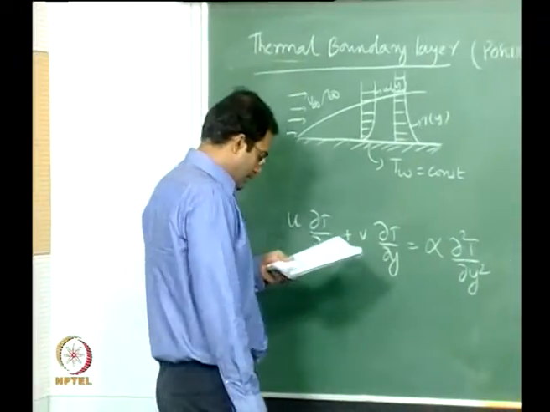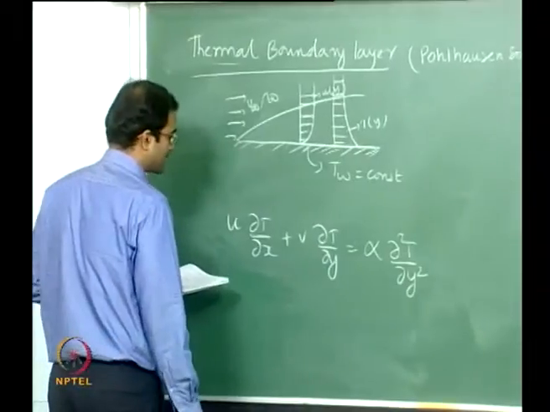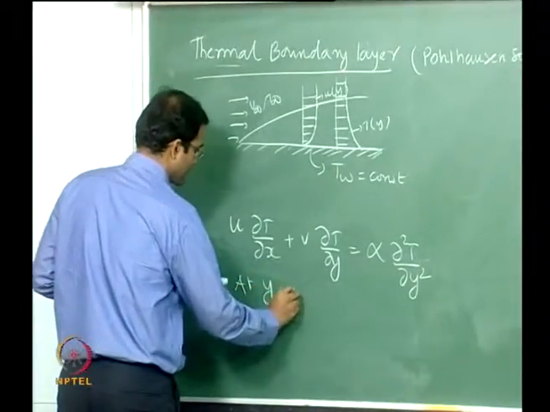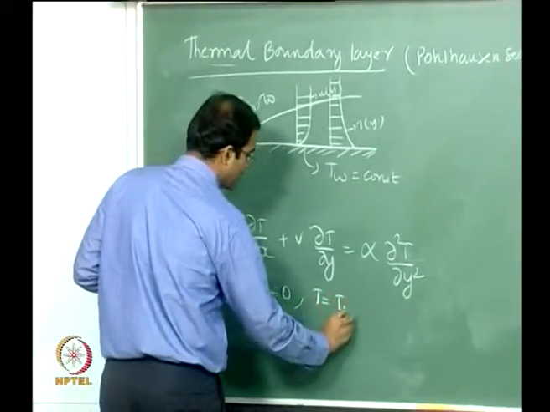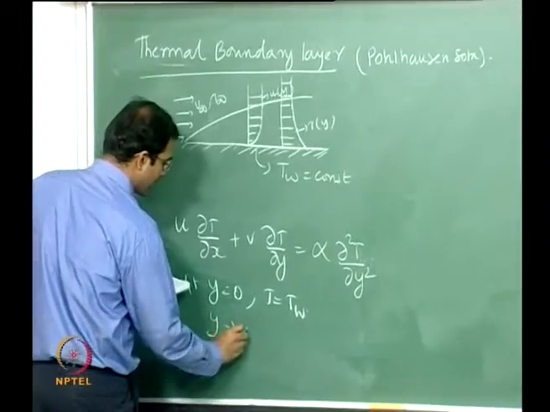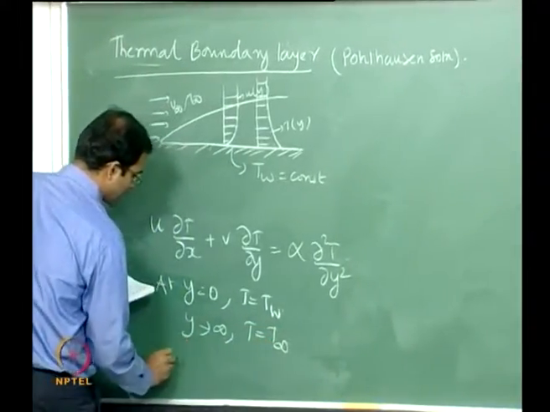Okay, now what are the boundary conditions for this? At y equal to 0, T equal to T wall, and as y goes to infinity, T goes to T infinity, and at x equal to 0, T equals T infinity.